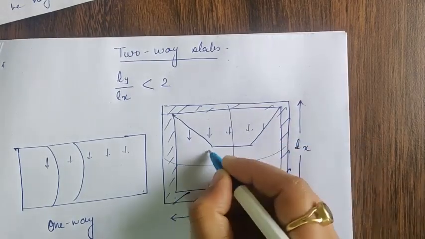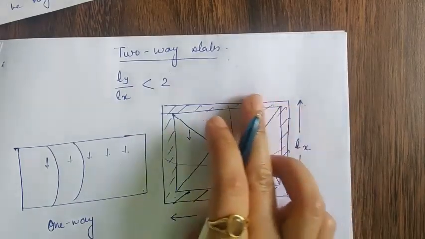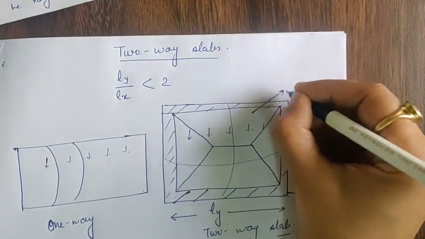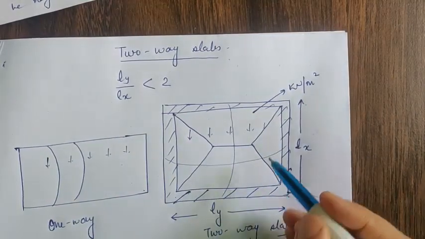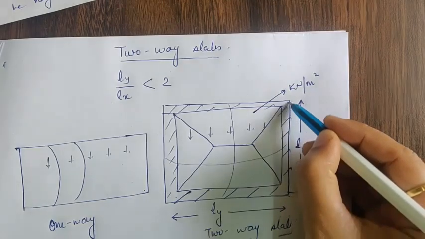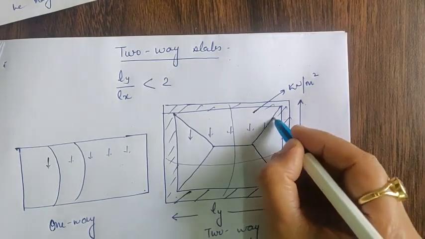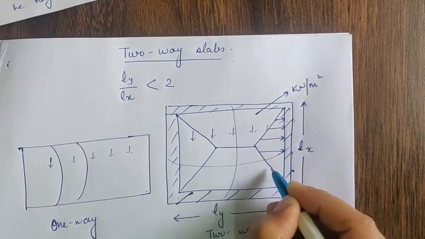What do I mean by this? Let us say the load on this particular slab is in kilonewton per meter square. I want to find out how much is the load that is transferred on this particular beam. On this beam, the load of the triangle will be considered as transferring on the beam.